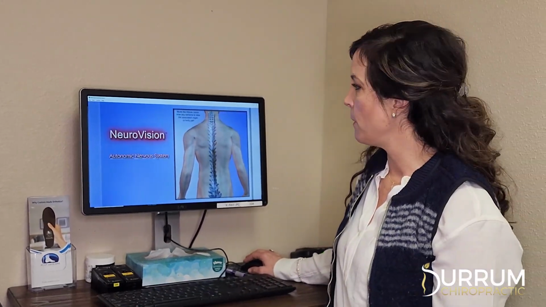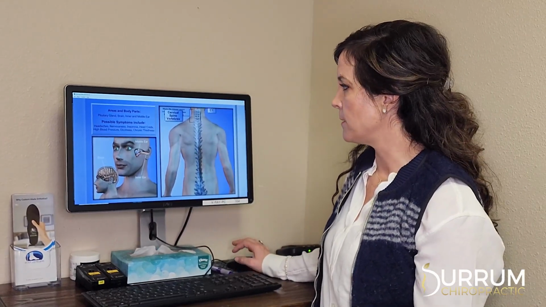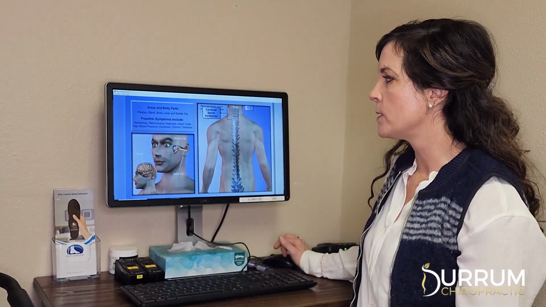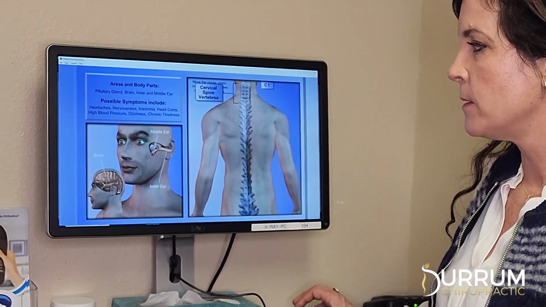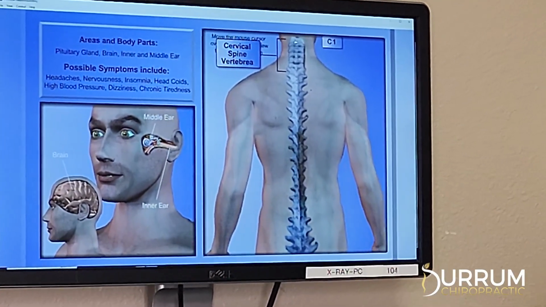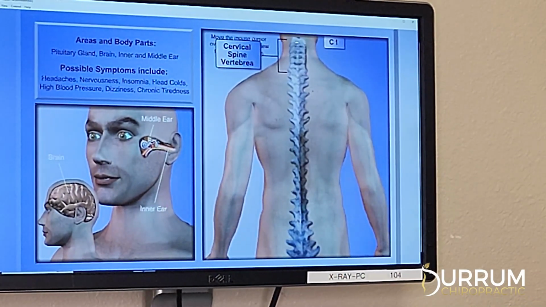This can show up in patients with symptoms such as headaches, nervousness, anxiety, insomnia, chronic recurring head colds, allergies, sinuses. Even in some cases, this will show up as high blood pressure, heart palpitations, symptoms of anxiety and depression, dizziness, and chronic fatigue can definitely impact our sleep patterns.